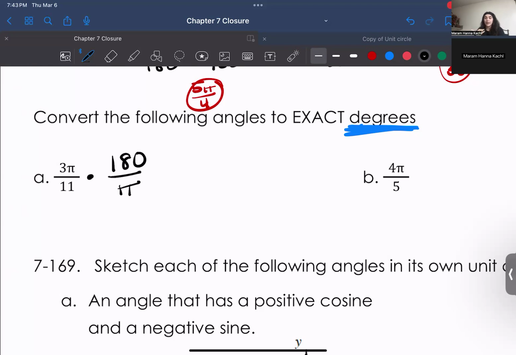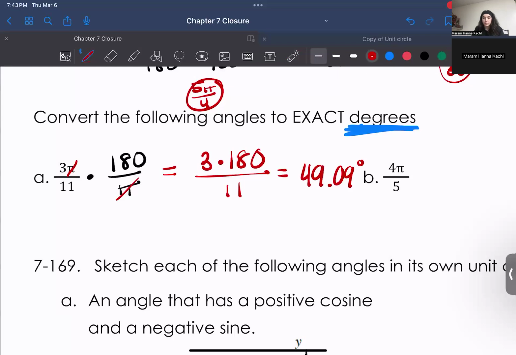Now what happens when the pi is on the bottom is that I have 1 pi on top, 1 pi on bottom, and they completely go away, which is good because I want to make this into a degree, meaning pi should no longer be in my answer. What's left is just 3 times the 180 on top and then divided by 11. So plug that in. It should give you 49.09 degrees. Rounding to 2 decimal places is a good rule of thumb. Just keep that in mind.